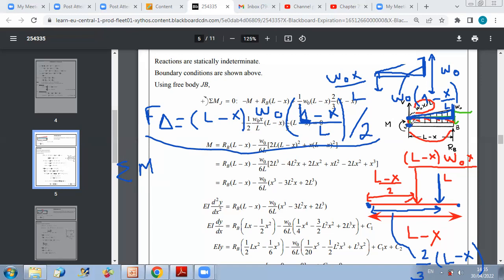If we consider the counterclockwise direction as positive, then the triangular load is producing a clockwise moment, and the rectangular load is producing a clockwise moment. And then we still have the RB, depending on the convention you take.